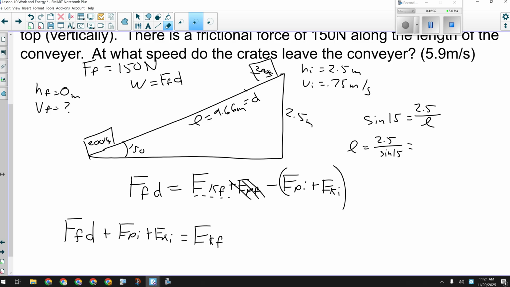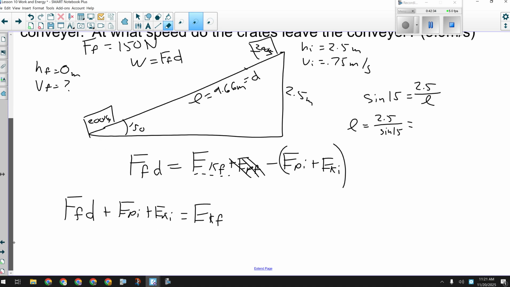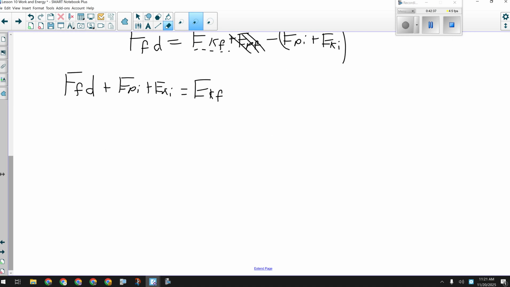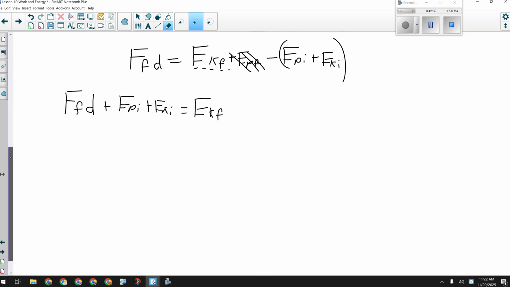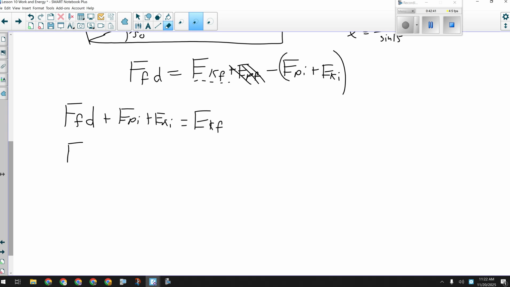Right? Now I can plug in my formulas. Then I'll have to manipulate a tad bit more, and then I'll be able to solve. So I'll have force of friction times distance plus m times g times h initial plus 1/2 m v initial squared equals 1/2 m v final squared.